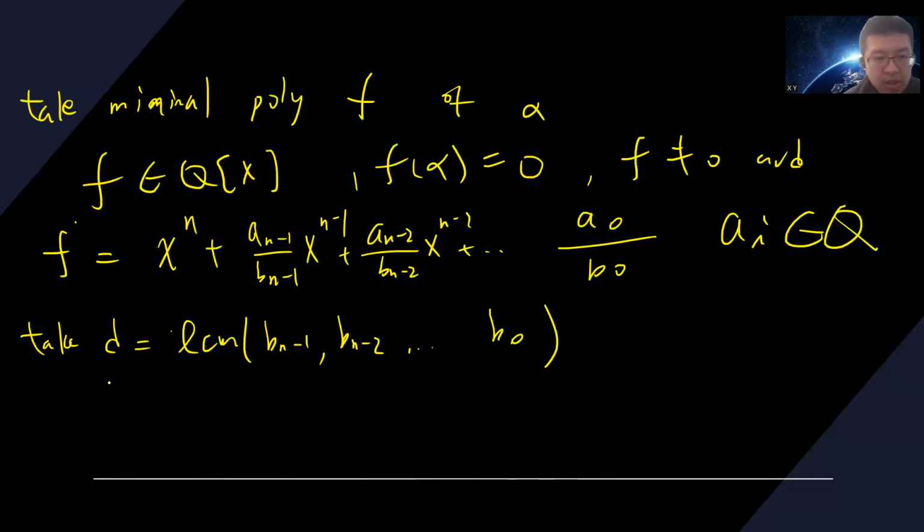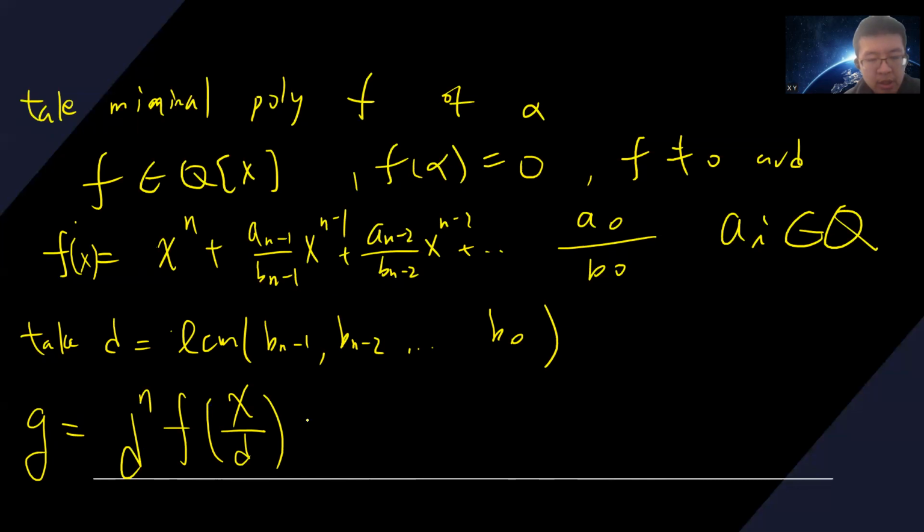Okay. And so I can define a polynomial called G. Let's say this is f of x. I take G(x) to be f of x divided by D, all divided by D to the n. Let's do some computation.